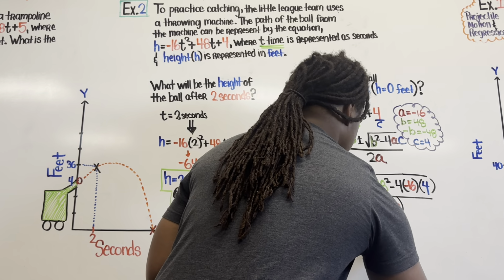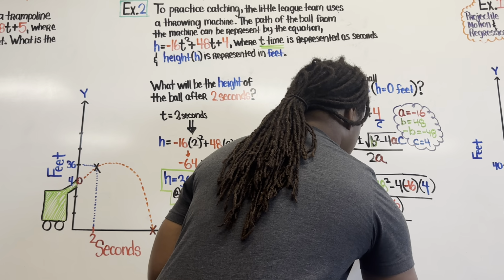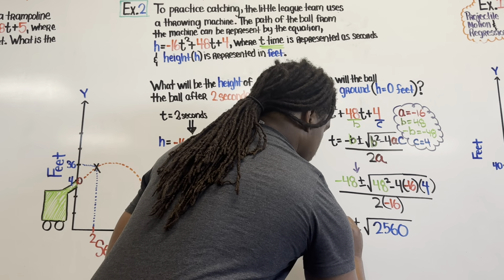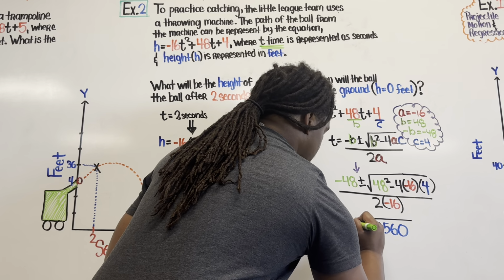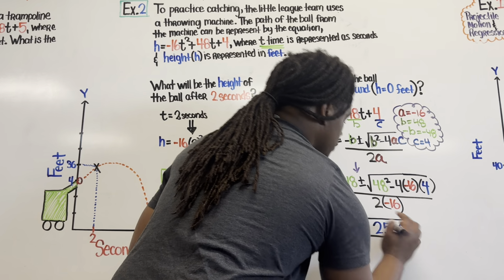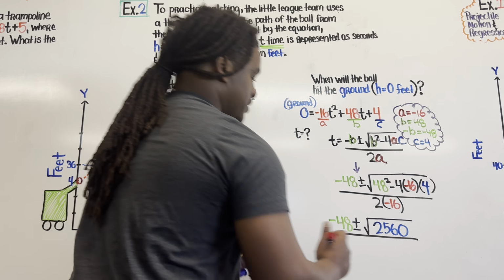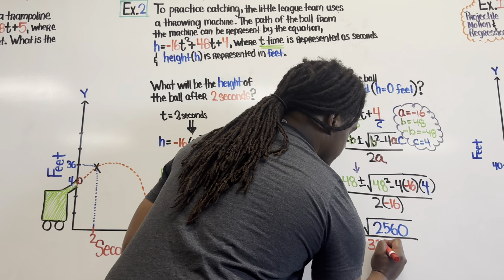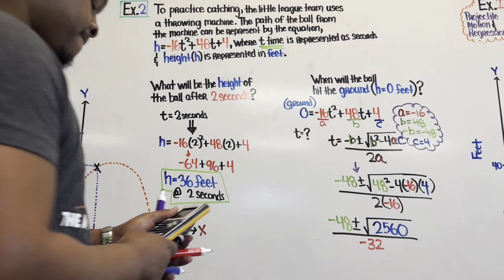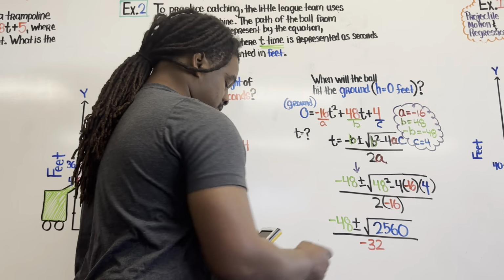Okay, so now I'm just going to simplify the formula, simplify the values that we have. And also 2 times negative 16 is negative 32. So far, guys, we have negative 48 plus or minus the square root of 2,560, all divided by negative 32, right? Now we need to actually square root this number.